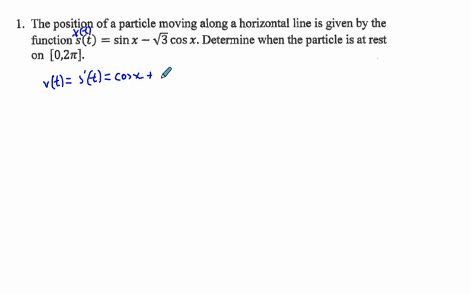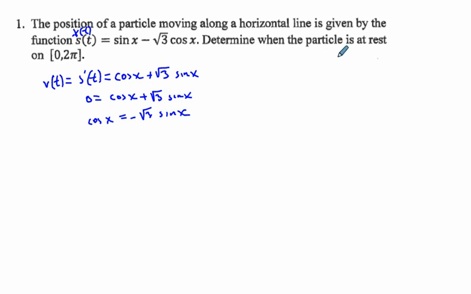So we have plus square root of 3 sine x. And so we can set this equal to 0. So 0 is equal to cosine x plus square root of 3 sine x. So cosine x equals negative square root of 3 sine x.